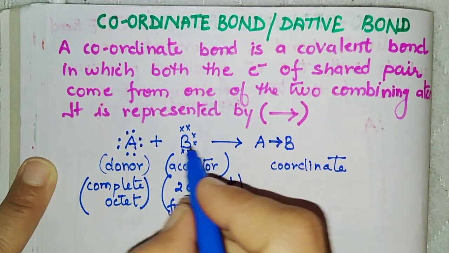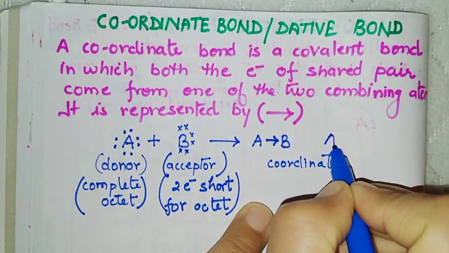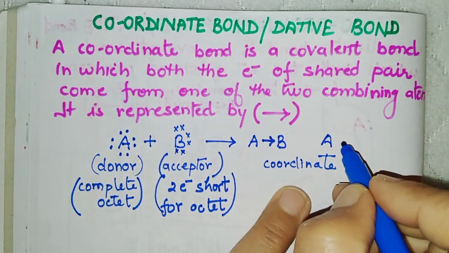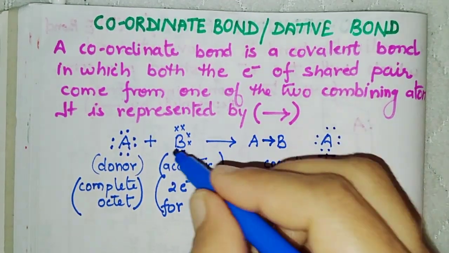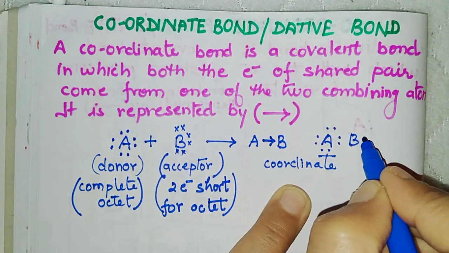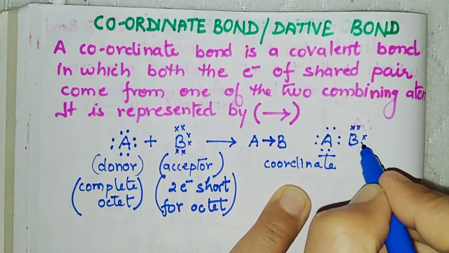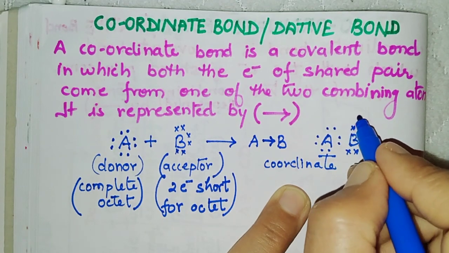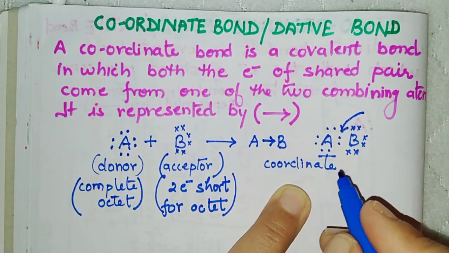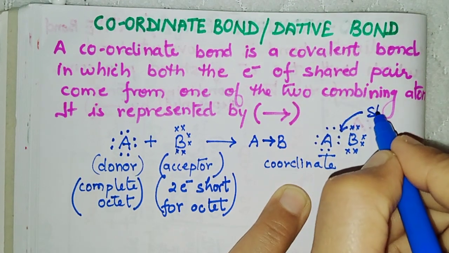How will this figure look? See here, A, these 8 electrons I am showing, 1 2 3 4 5 6 7 and 8. B, 1 2 3 4 5 and 6. This pair is your shared pair.